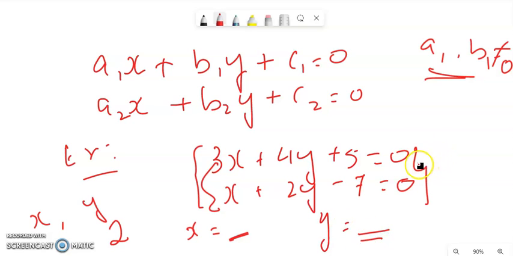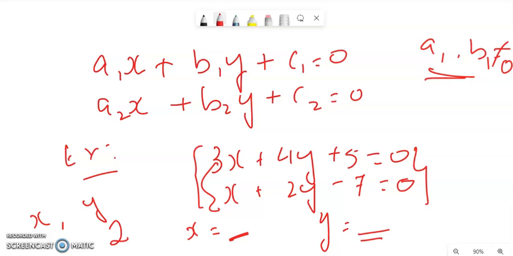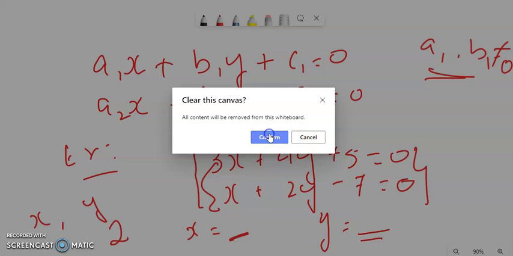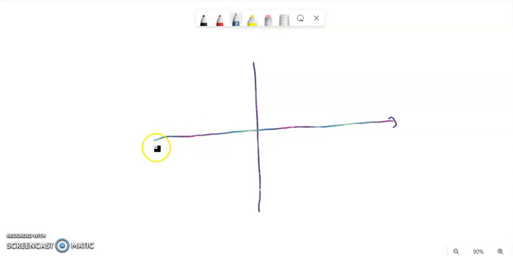If I have to show it on a graph, let me clean it. If I have to represent it graphically, what will happen? I hope you know it, but still, this is negative x, this is the origin, this is positive x, positive y, origin, negative y.